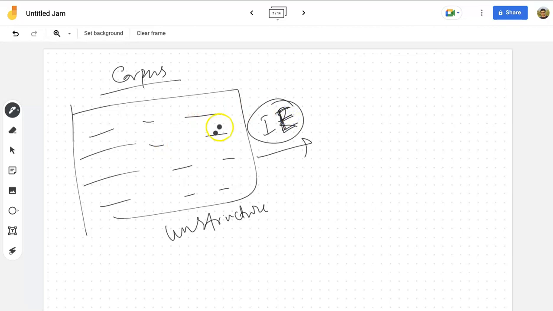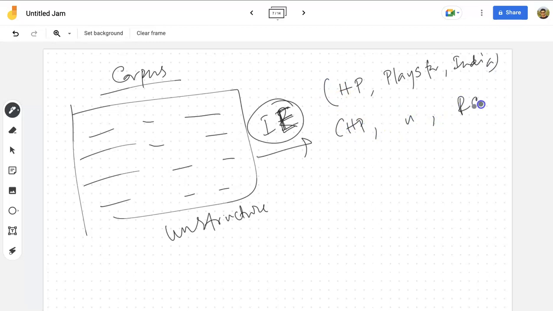So in our case, what we have already extracted: Harshal Patel plays for India. So this is one piece of information we have got. Second, Harshal Patel plays for RCB. Then Faf du Plessis plays for RCB.